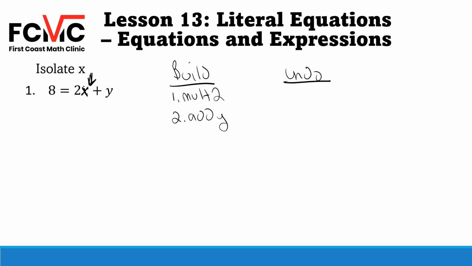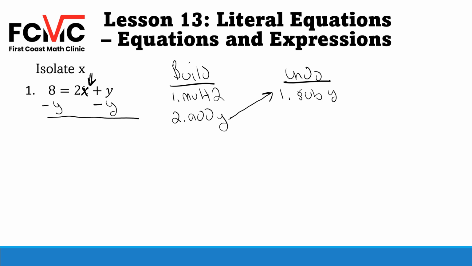To undo this, let's start going in reverse. I want to undo that adding y. How do I undo adding y? Let's subtract y. So I'm going to subtract y from both sides.